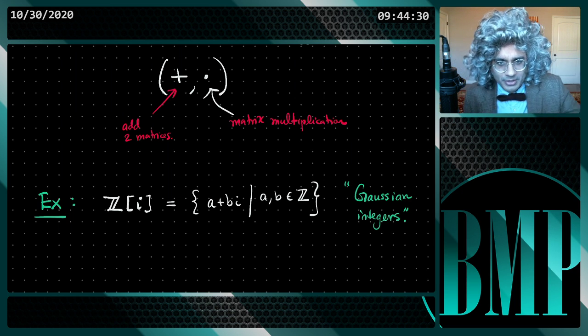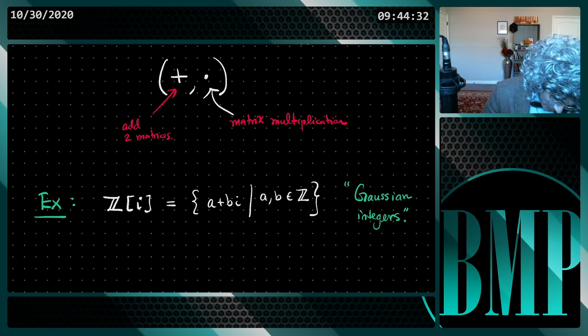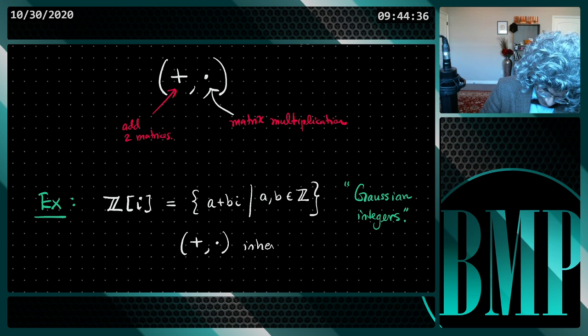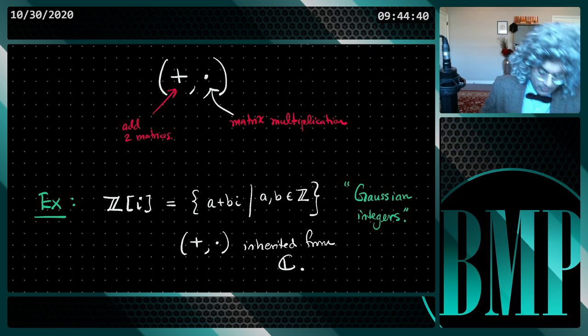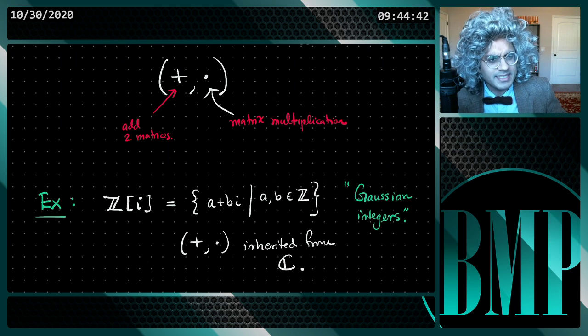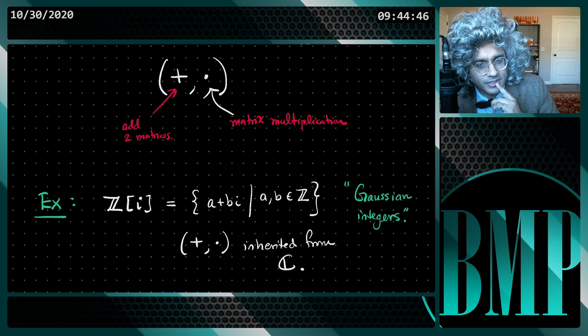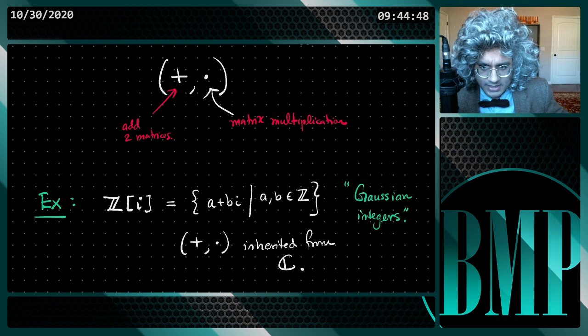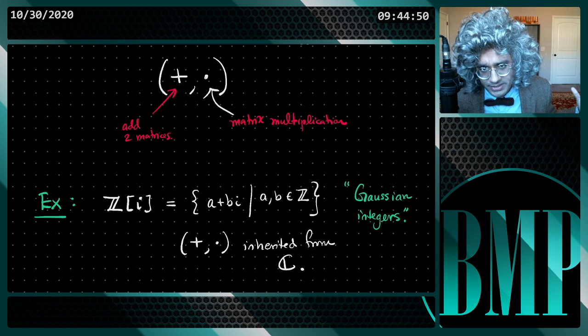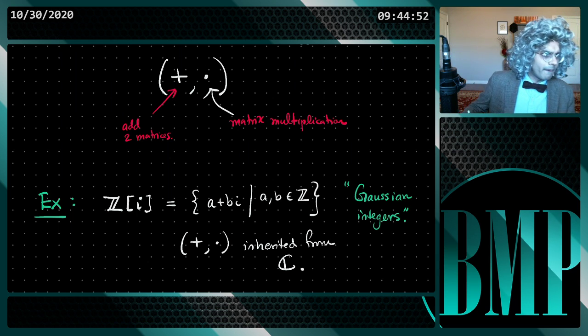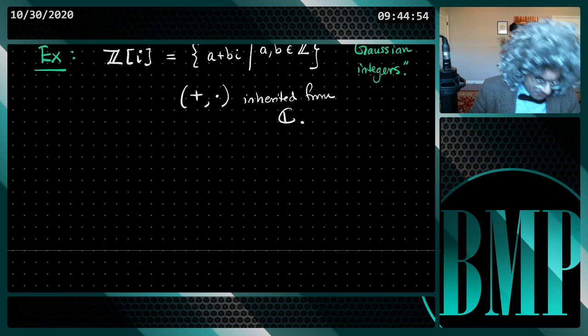This is complex number arithmetic. One might say that this is a subring of the complex numbers. One might say that, and one would be right. Okay? Good. Let me do another example.